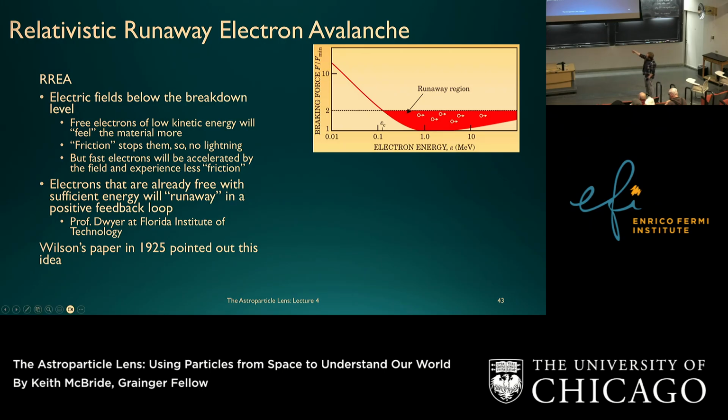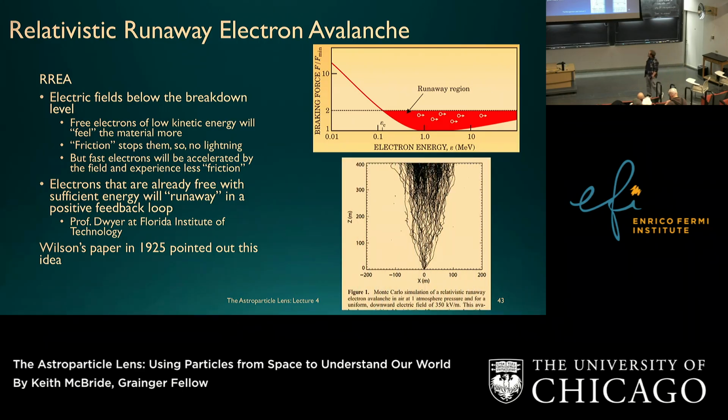But Dwyer and others cite this kind of process as attributing it to Wilson's idea in 1925. So over 100 years ago, Wilson had already thought about the fact that you can get electric fields in thunderstorms that might be capable of producing runaway electron avalanches, right?